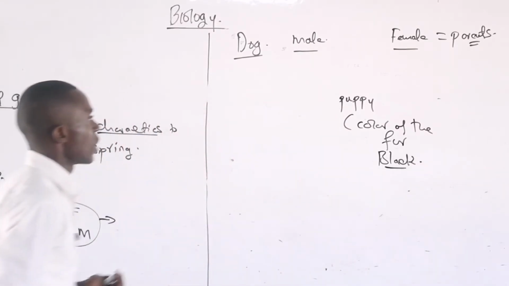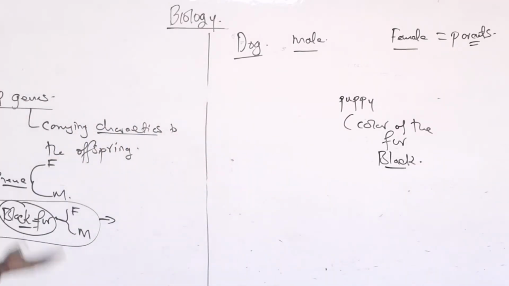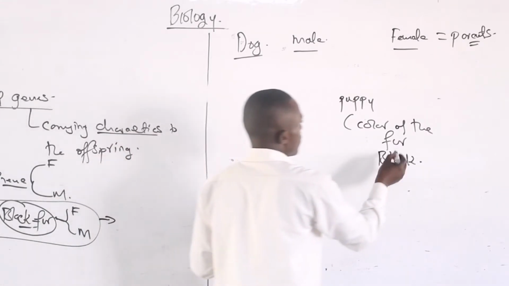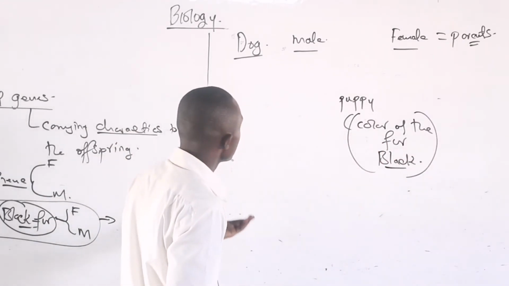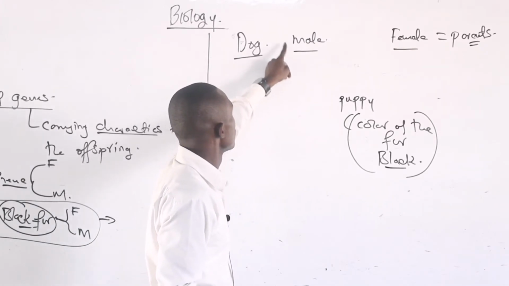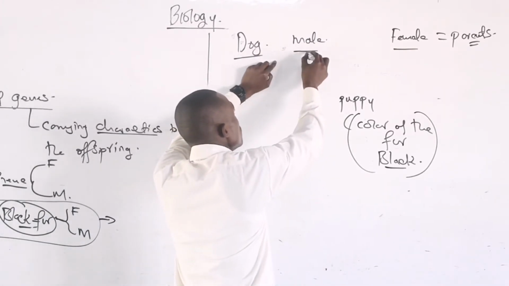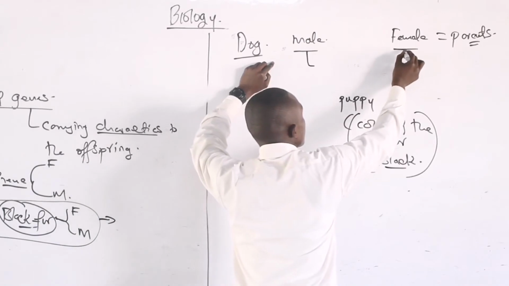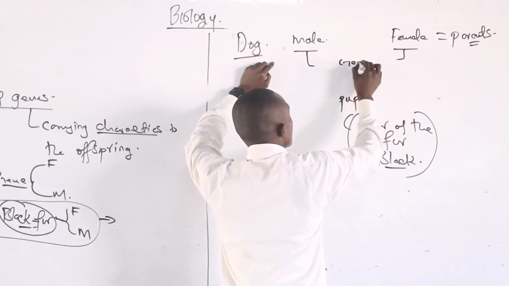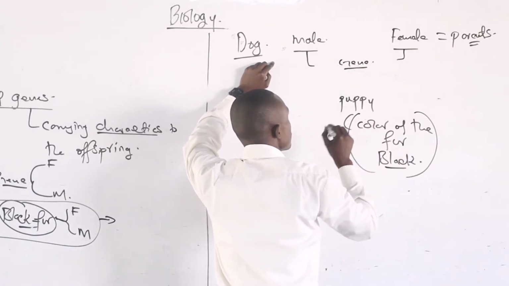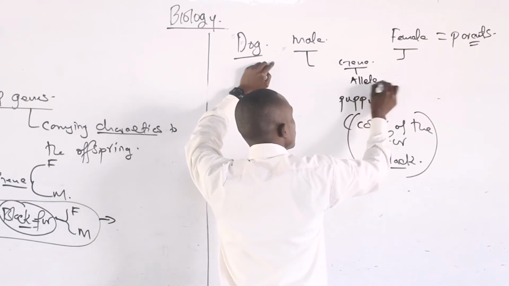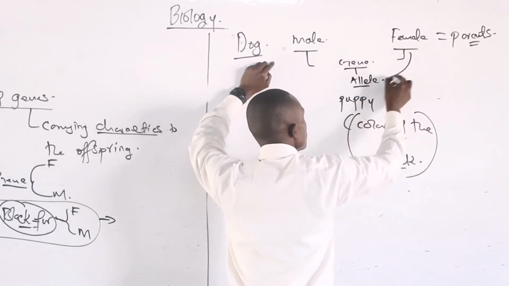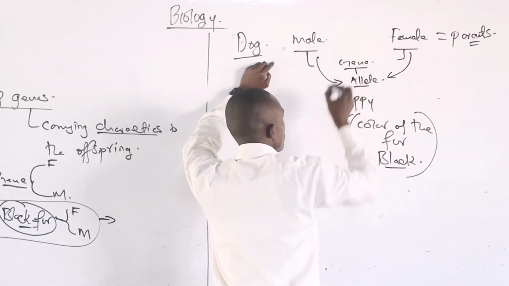So we want to ask ourselves, how did it come that the color of this puppy was black? We simply mean that the parents contributed the gene for this, and this gene normally has alleles. So the female contributed, the male contributed.